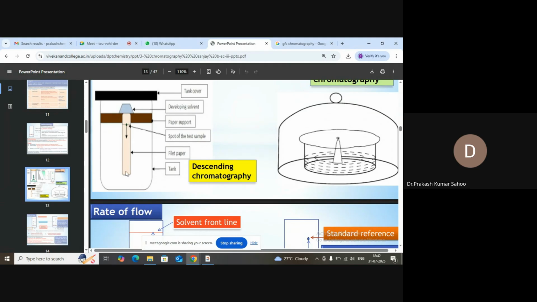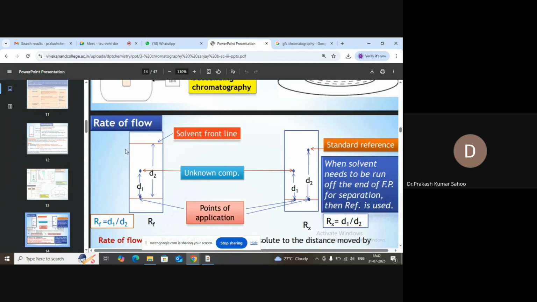Then the solvent moves through the chromatographic paper, and when the solvent reaches the reference point, only then the different components start separating. It is known as the top to bottom approach. It is descending, top to bottom. So here also the retention factor is calculated accordingly.